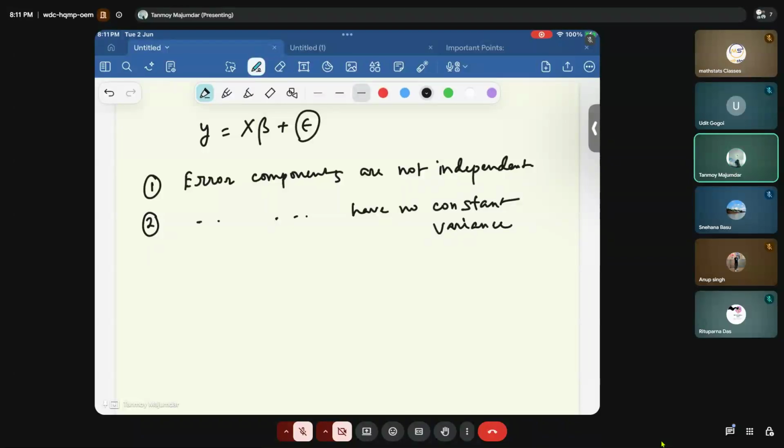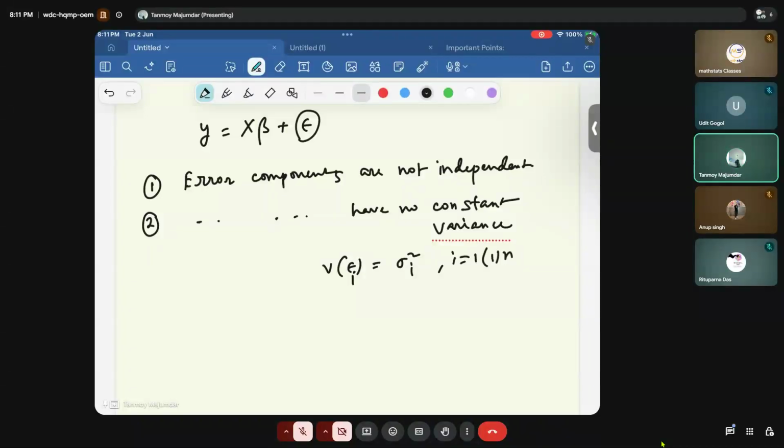What does it mean? It means the variance of epsilon is not equal to sigma square; rather, the variance of epsilon i is sigma square for i equals 1 to n, where y1, y2, yn are the observations. So the error component epsilon i has no constant variance.